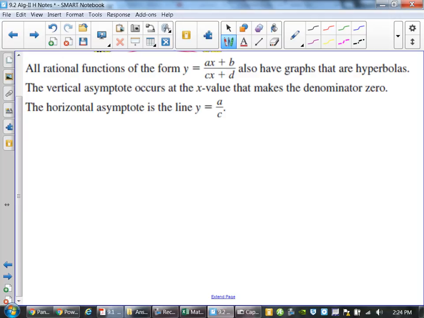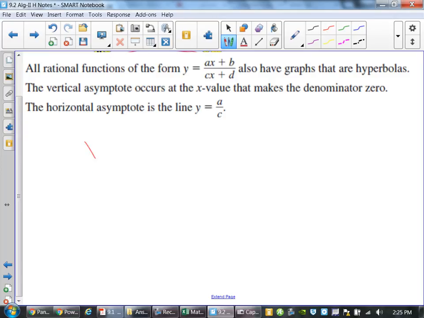Whereas when we did this one, we had a constant up top and the variable below. Okay? Here we're going to have 2 variables, same degree. They're both linear. When you have that happening, you're going to be able to figure out a couple of things.